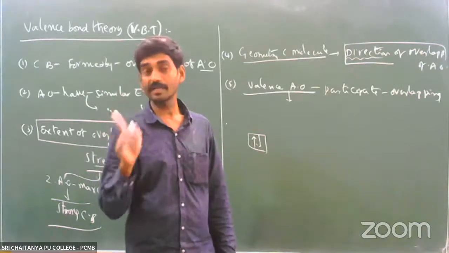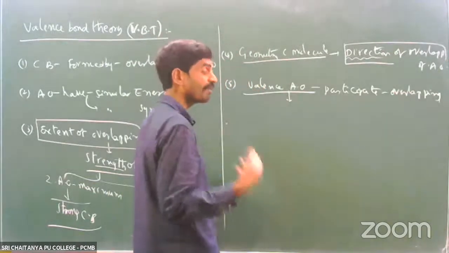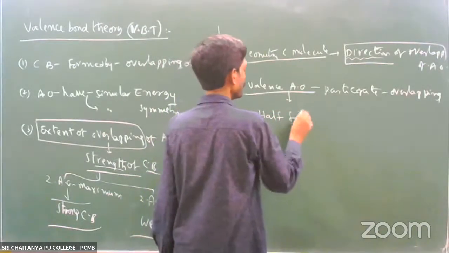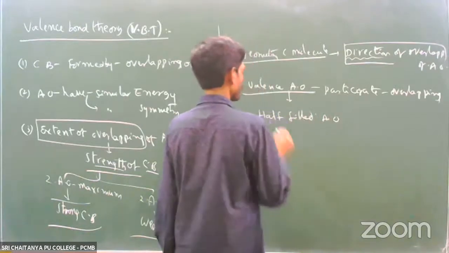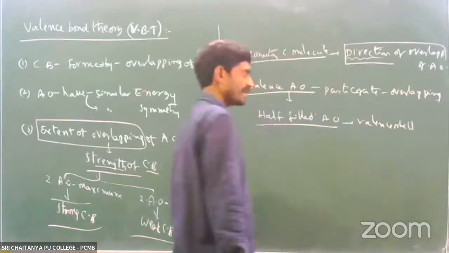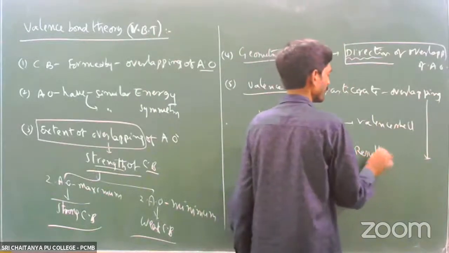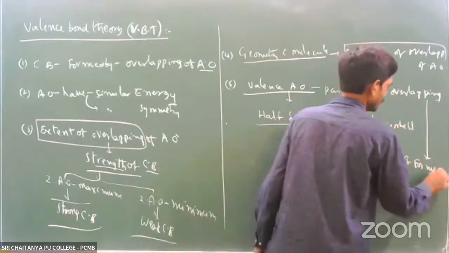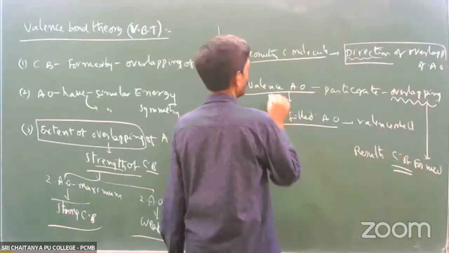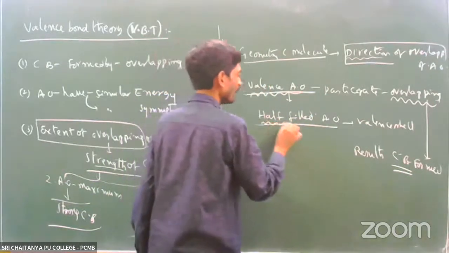Half-filled valence atomic orbitals only participate in overlapping to form a covalent bond.